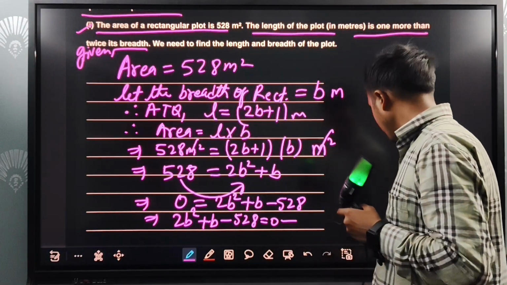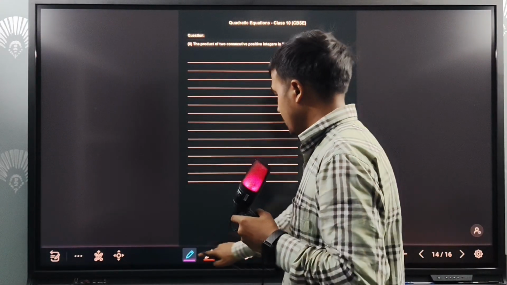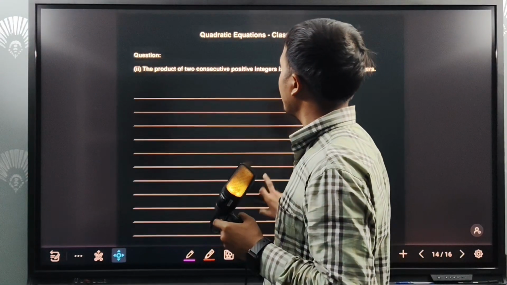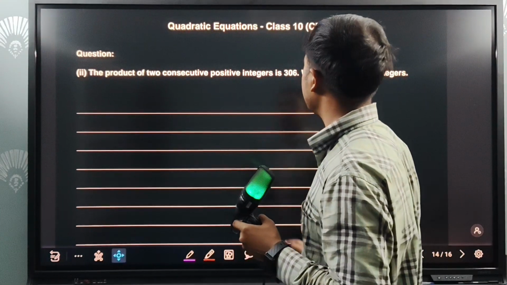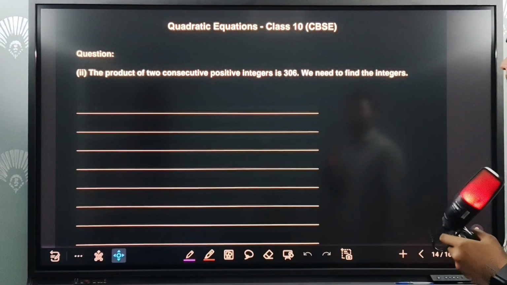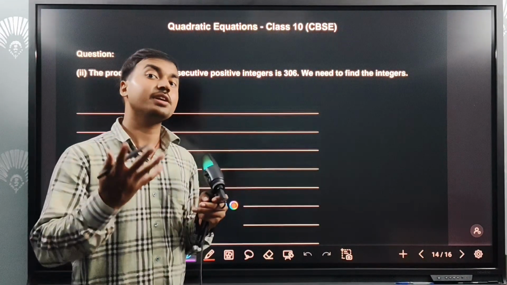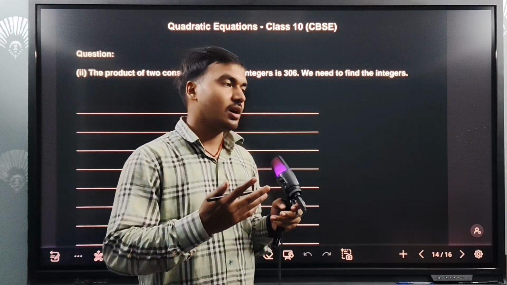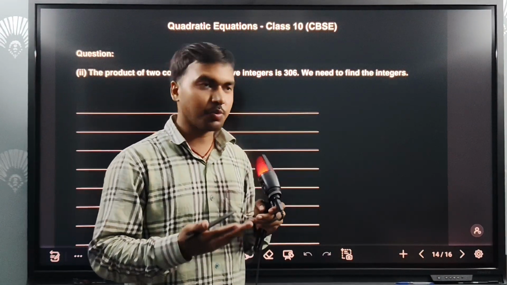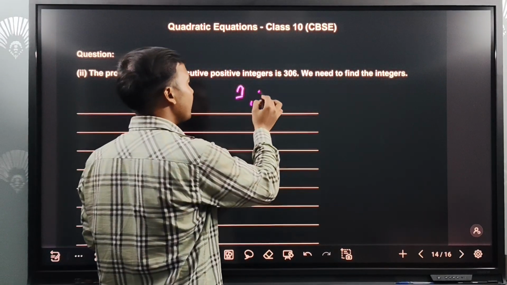Now moving towards the next question. Our next question is: the product of two consecutive positive integers is 306. We need to find the integers. Here it is talking about consecutive integers. Consecutive means one after another. Suppose one integer is 1, then the next integer will be 2.